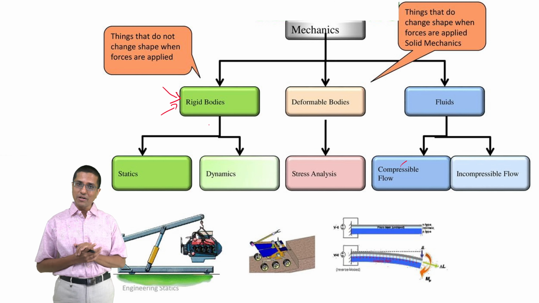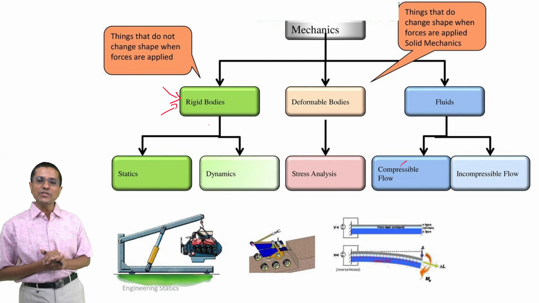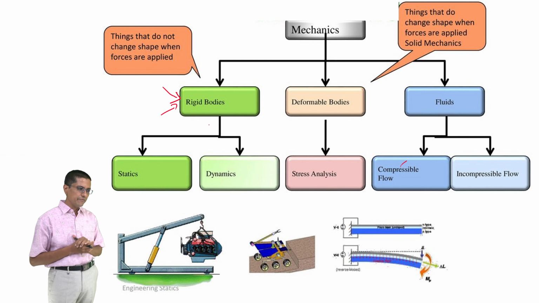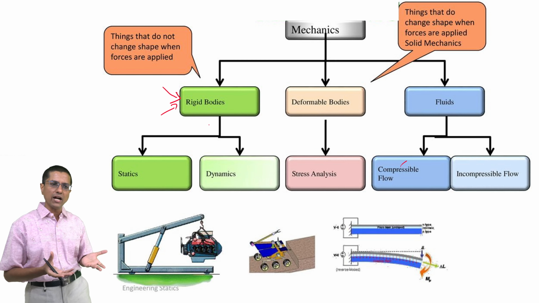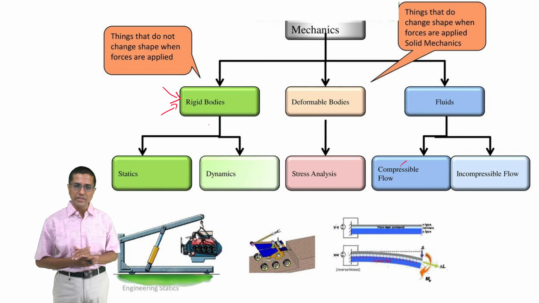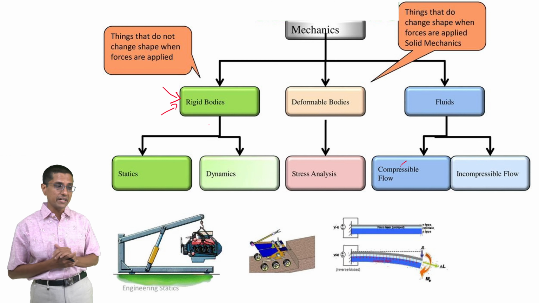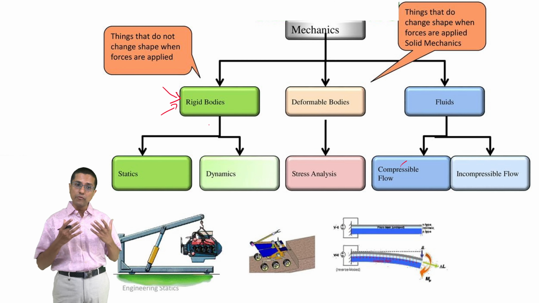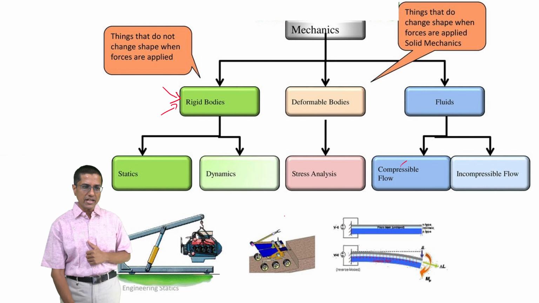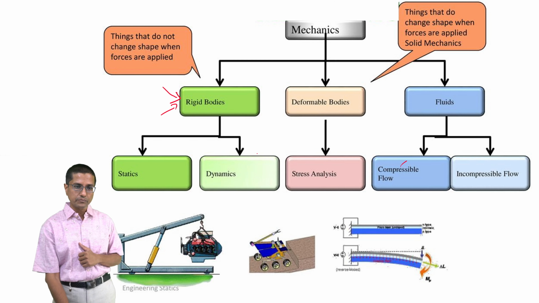Otherwise, we would be in trouble. And then there are things which are dynamic, and we study them intentionally when they are moving. For example, the study of cars, the crash tests. To understand how safe a car is, they intentionally test it by moving it. So those are the things which are studied in dynamics.